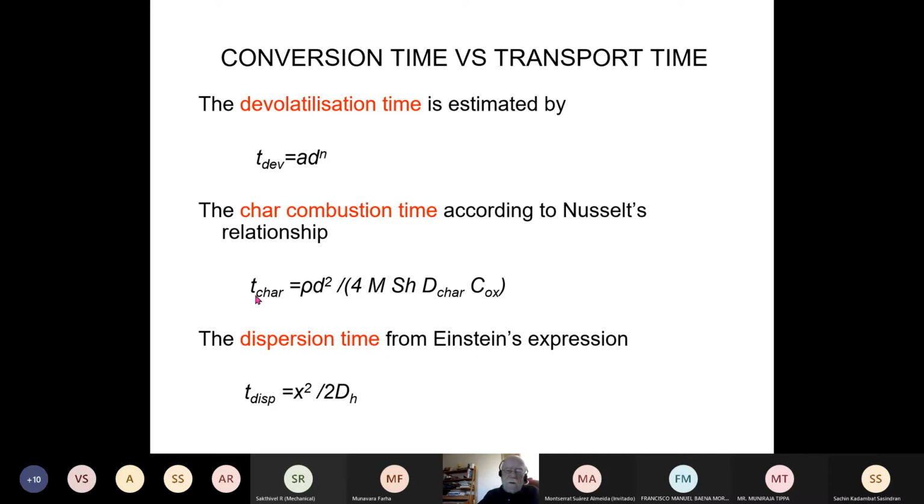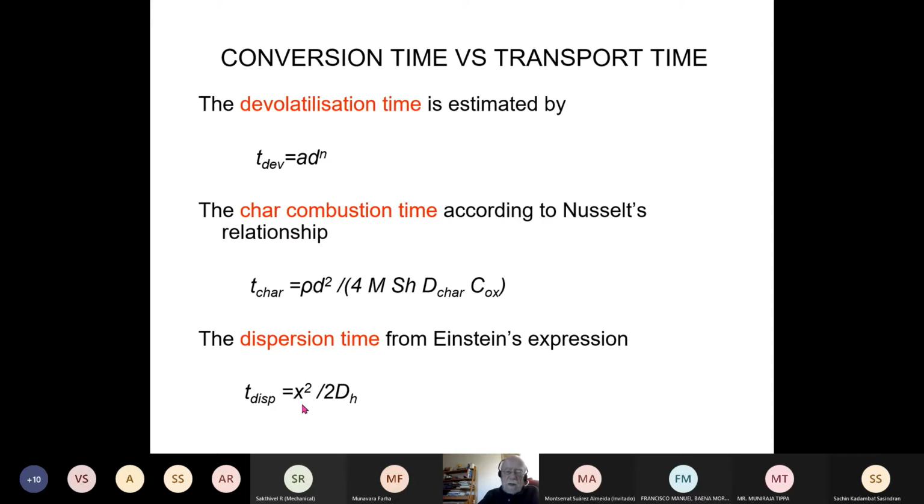Of course, the time of combustion of the char may also depend on kinetics and so on. And then the expression becomes more complicated, but it is possible to replace this equation with an adequate equation for the particular case that you are studying. But this is just for simplicity. I take this because I have derived it before.